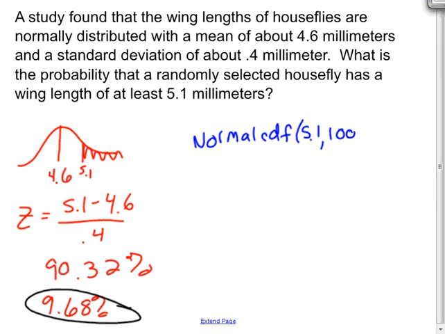Highest value, 10,000 will work. 4.6 is my mean, and 0.4 is my standard deviation. Okay, pause it, hit in your calculator. And you get 10.56%. No need to do any subtraction. It physically tells you the value. Again, a little bit more specific than what we get when we do our table.